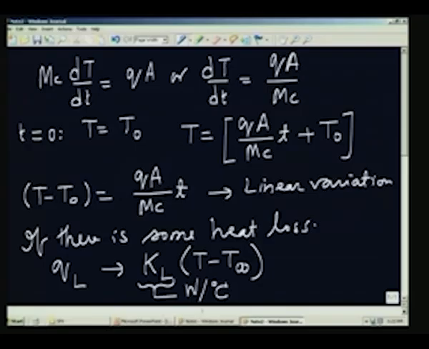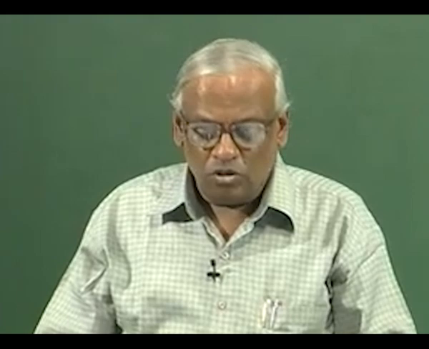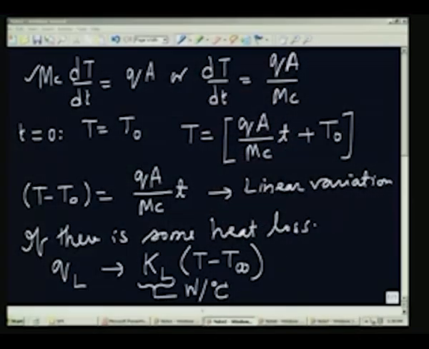Let us see what is the effect of this. So, for that, let us rewrite the equation. If you go back here, you will see that I had mc dT by dt equal to qA, but because there is a loss, I have to subtract from qA the loss part. So, if we do that, the equation will change as shown in the next slide.